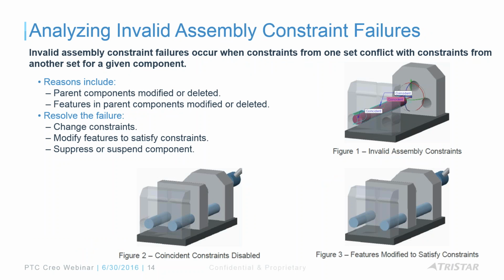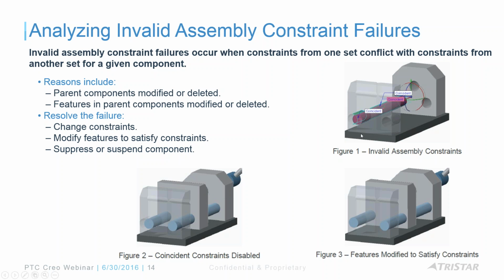Third, invalid assembly constraints. This occurs when components are being changed so the constraint sets become invalid or conflict with one another. For example, in figure 1, if I have a coincident between this rod and the hole in the back plate, and this rod and a hole in the front plate, that's fine. But if I change the holes in the front plate so that they don't line up, the placement constraints now are invalid.